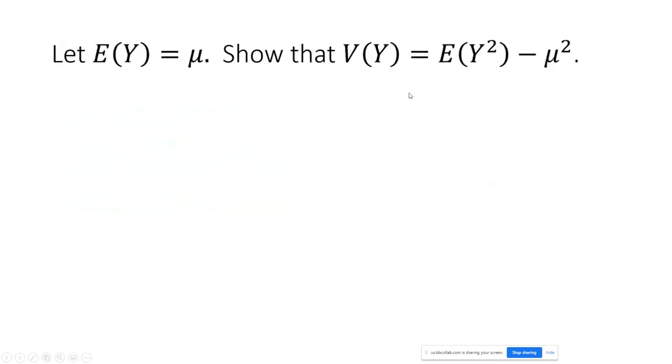All right. Notice in this case, the variance of y was 2/3, and that was our expected value of y squared, which was 2/3, minus the square of the expected value, so minus 0 squared. Let's show that this property is going to hold in general.